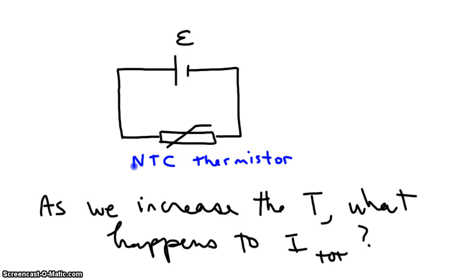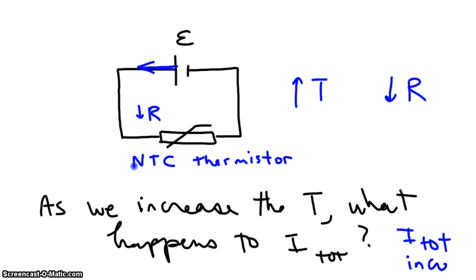Well, with thermistors, as the temperature goes up, the resistance goes down. If we decrease the total resistance in this circuit, it's going to be much easier for current to flow, and so I total increases because charges have an easier time flowing through that circuit where there's less resistance.